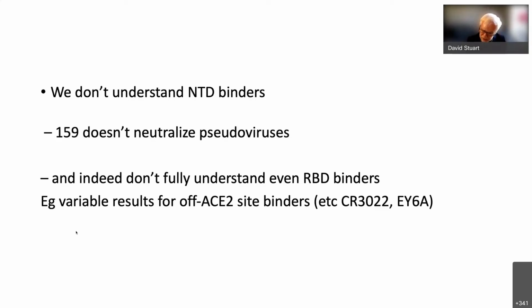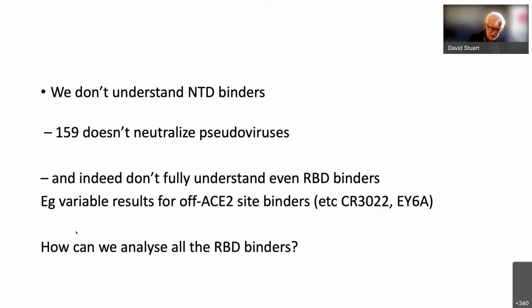So there are some antibodies that bind, that don't compete with ACE2, but still manage to neutralize. But often that neutralization mechanism is a bit unreliable to detect with many neutralization assays. So there's been quite a lot of argument about this. But I think now it's well established that some of these antibodies can be effective in protecting against disease.